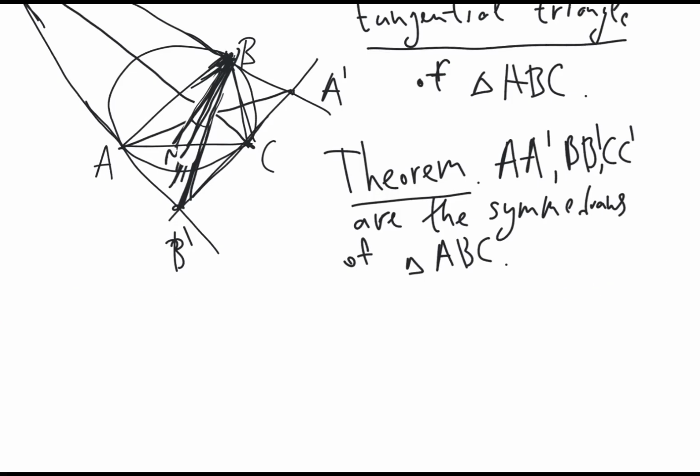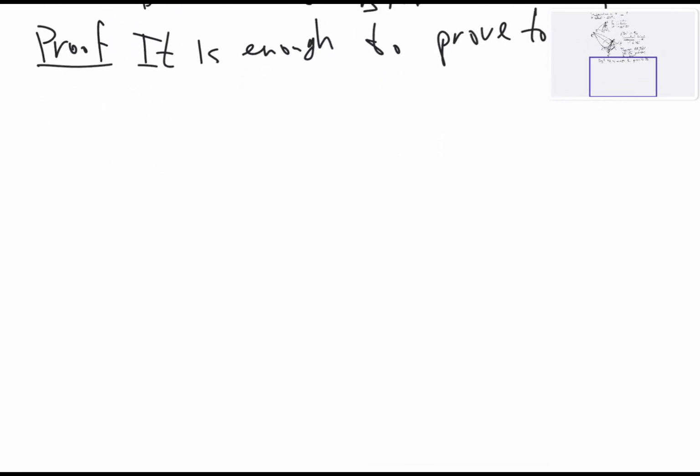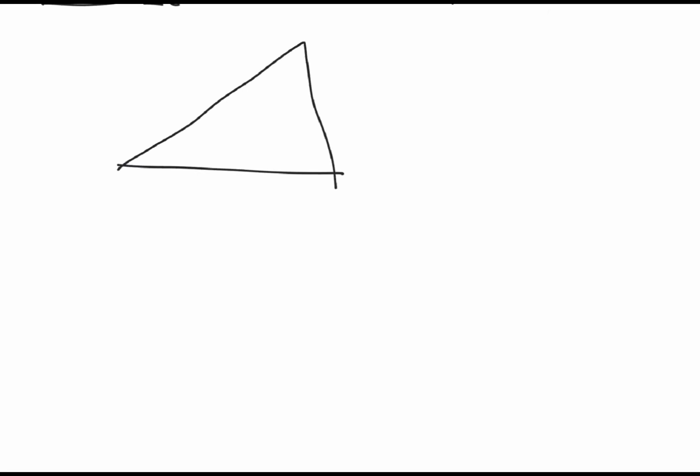Okay, so let's draw another picture. We have this triangle ABC, the median, and the bisector.